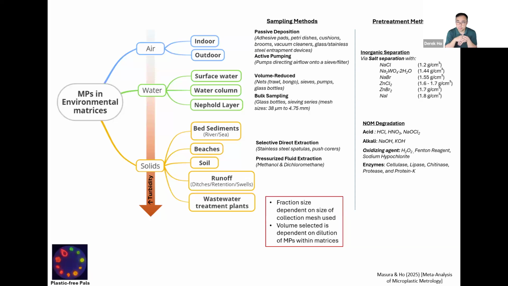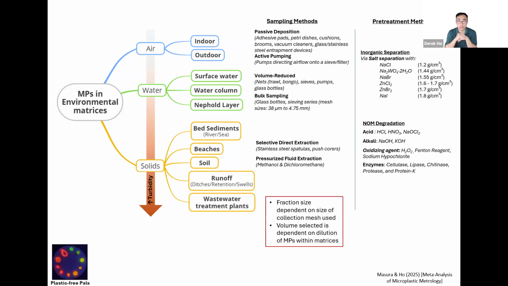But to summarize how it works, we put in the salt and we hope the microplastics float according to their density. However, this is complicated because the density of the plastics tends to change over time and it may not be that representative. So be warned.